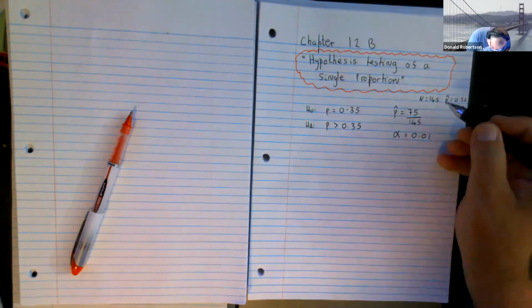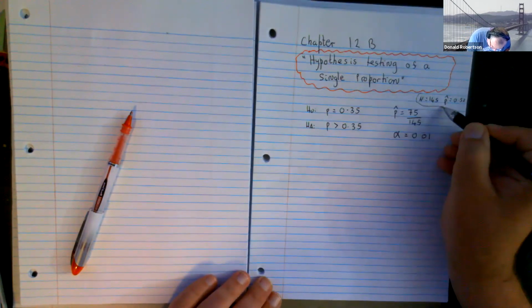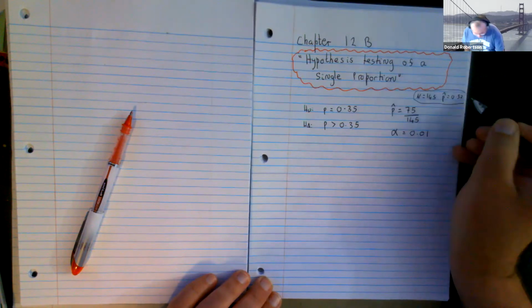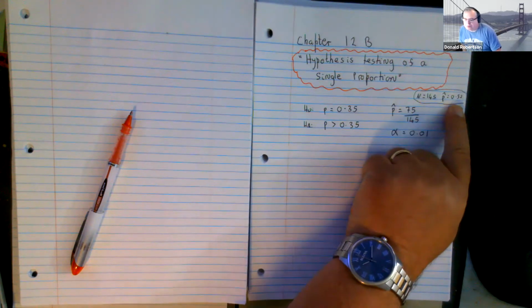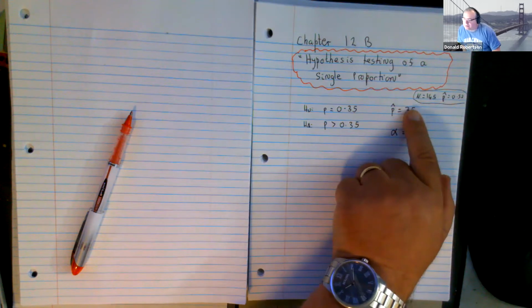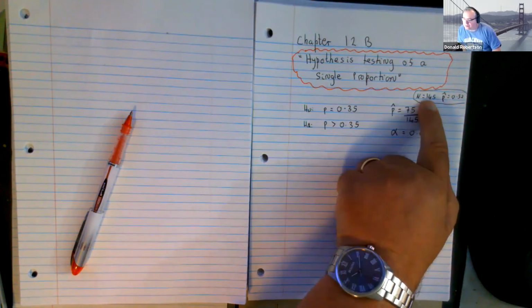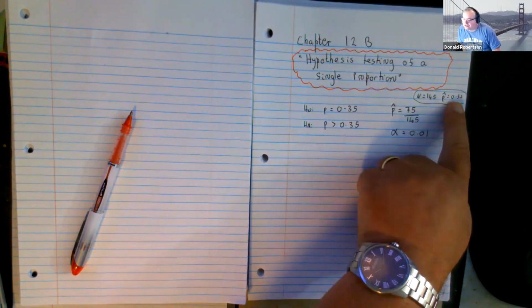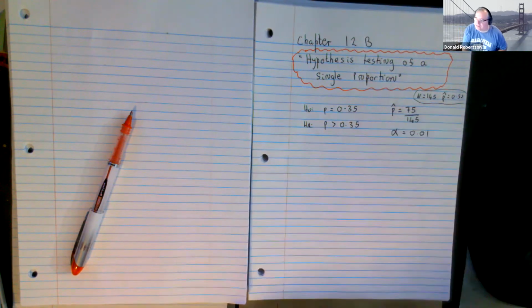Now, if you get told the information in this format, like 52% of them were married and there were 145 people in the sample, you need to find that top number. We know the bottom number, it's 145, but you need to find this 75. How would you find the 75 in this situation?